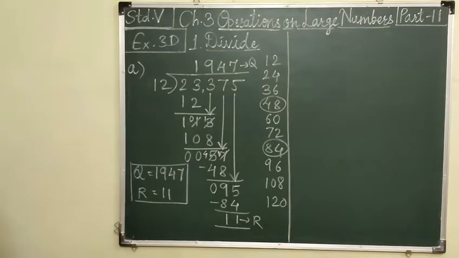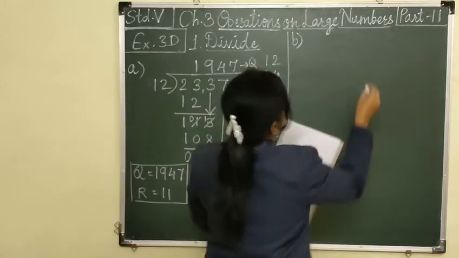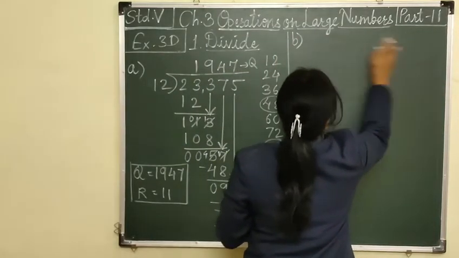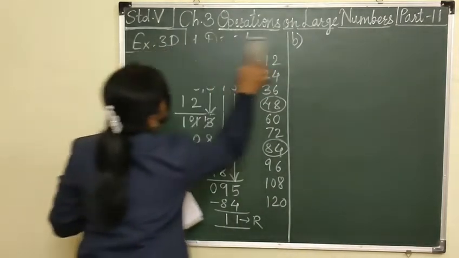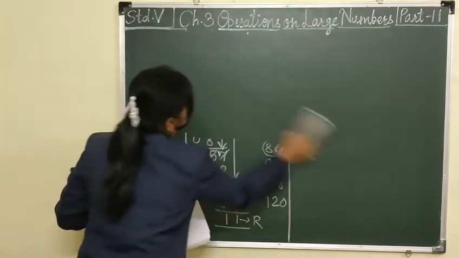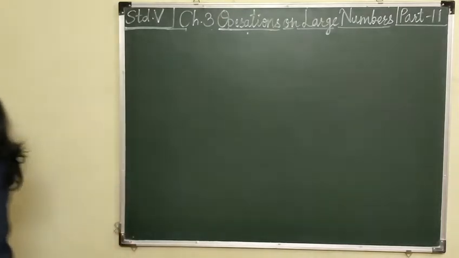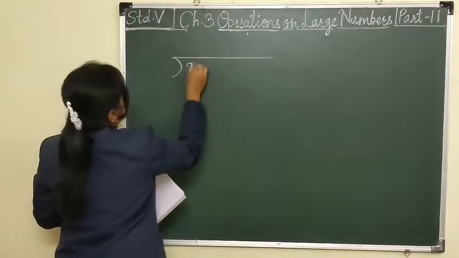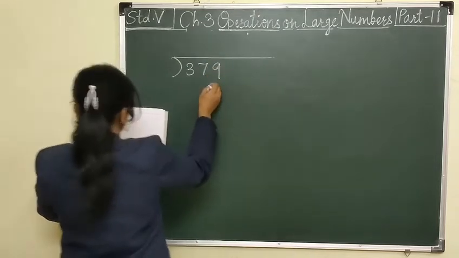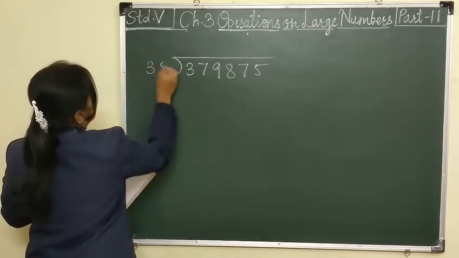Now we are going to do the next sum, that is example B. Maybe this place will not be sufficient, so I am going to rub this. 379,875 divided by 35.